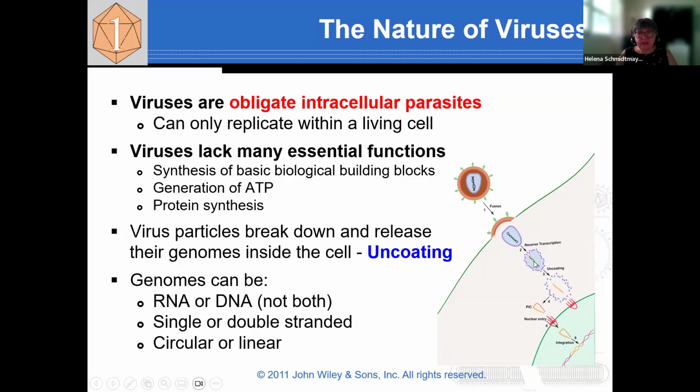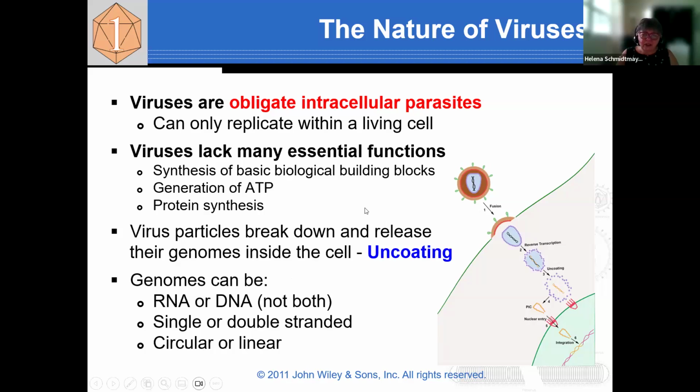Even though some bacteria replicate inside of cells, like Mycobacterium tuberculosis, which infects and replicates inside of macrophages, it always preserves its shape. It preserves its membrane, its nucleic acid, all its proteins. It just replicates, proliferates, divides, but it does not disintegrate. It does not uncoat like viruses do.